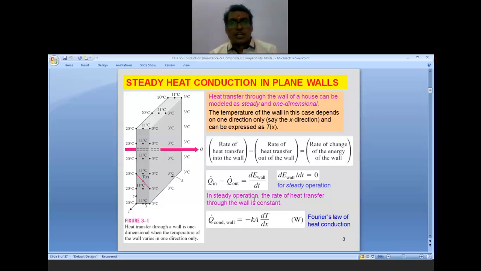Change in temperature dT upon small dt, that is the time. Change in temperature upon change in time, that value is 0. That is nothing but your steady state operation. So the rate of heat transfer will remain constant at steady state. And our Fourier law of heat conduction is minus K dT upon dx.